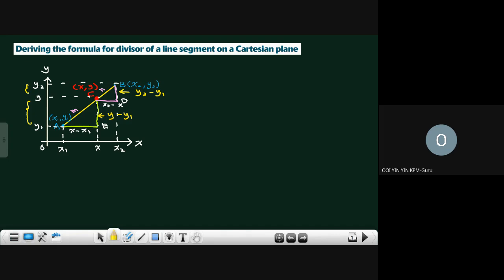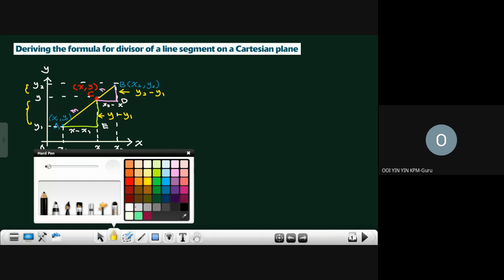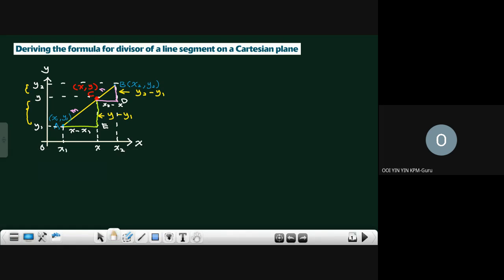That means the ratio of their sides are also the same. The ratio of their sides will be the same, because they are on one same line, the same gradient.